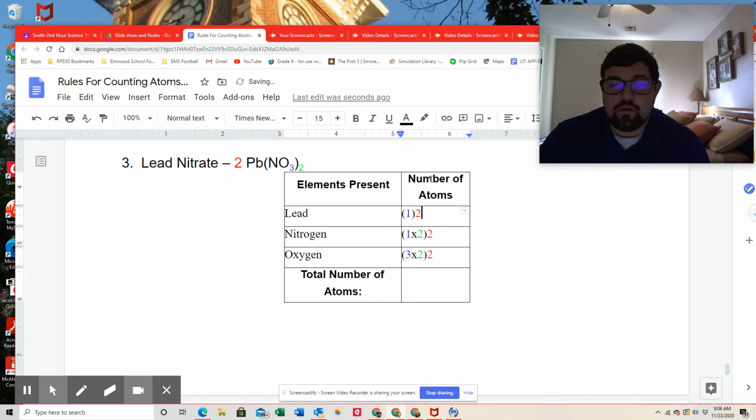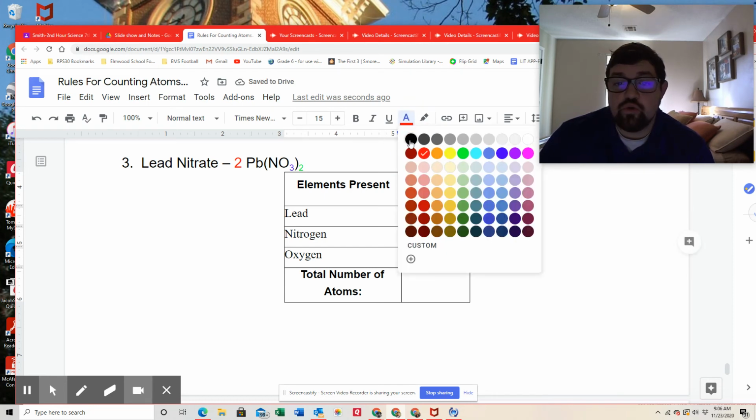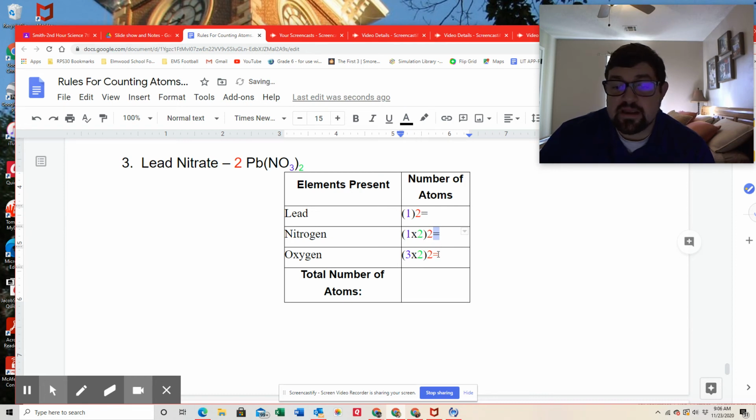So we have 1 lead in 1 molecule of lead nitrate. One lead in 1 molecule, but we have 2 lead nitrates, because that's what that 2 is telling us. There are 2 molecules.